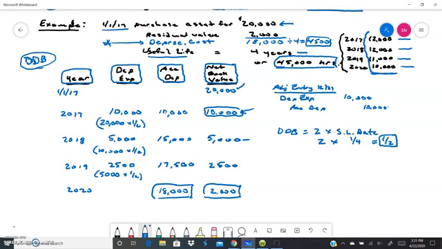Now here we can't just take the 2,500 times 1/2, or we'd get too much depreciation and we would go over the 18,000 and fall below the 2,000. So remember, we cannot go below the $2,000 of residual value, and we can't depreciate anything more than 18,000. So all we have to do is determine how much more depreciation we need, and we can see we only need another $500.